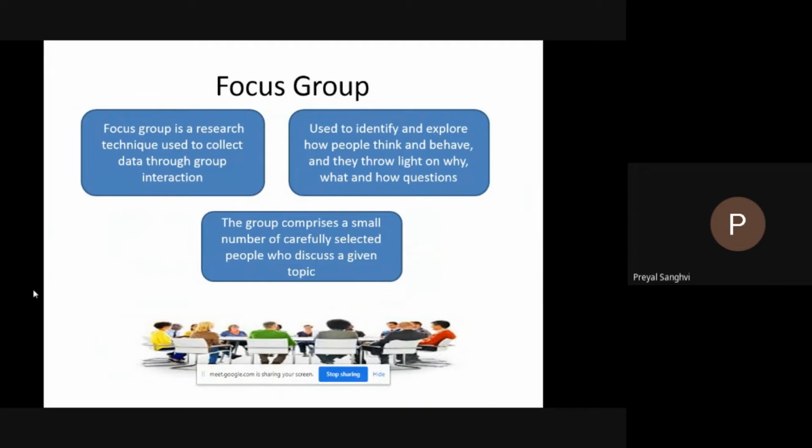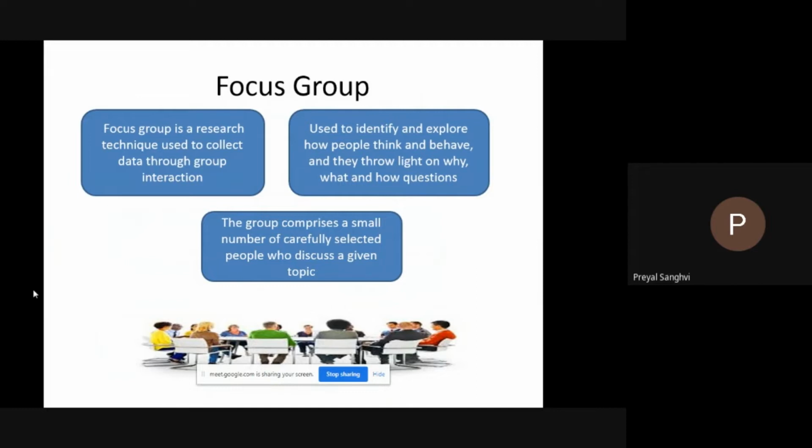Here I would like to discuss the example of the Ahmedabad Mirror. Ahmedabad Mirror is a leading English newspaper. Ahmedabad Mirror wants to conduct focus groups to understand customer feedback, opinion and preferences towards Ahmedabad Mirror. So they conducted different focus groups. The first focus group was conducted for people who prefer to read the Ahmedabad Mirror as a newspaper.